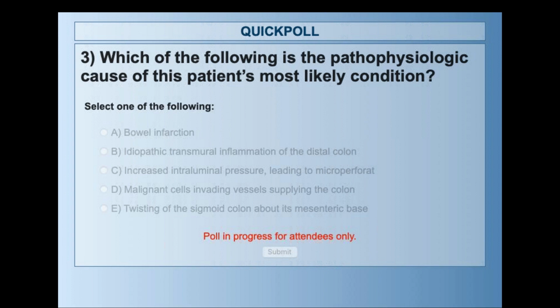Okay, let's see. How are we doing so far? Okay, off to a good start. Looks like about a third of you have voted. Looks like a number of you are on the right track.